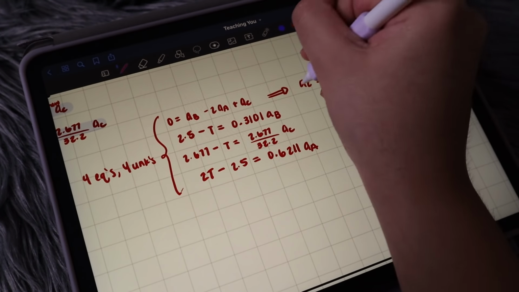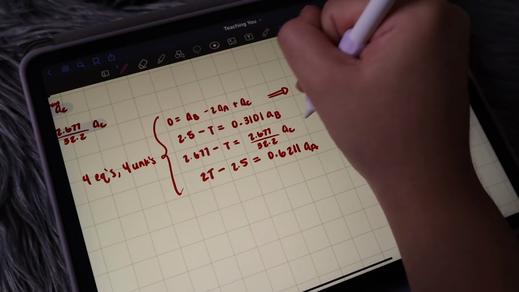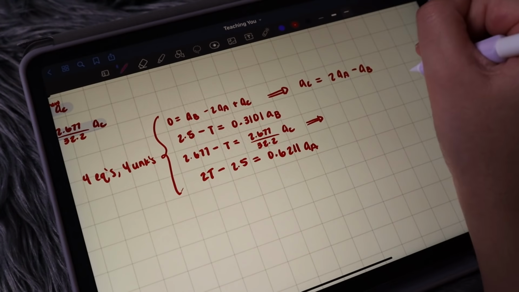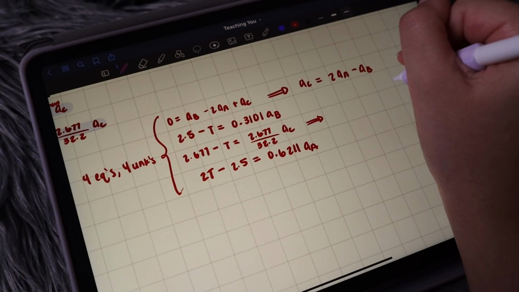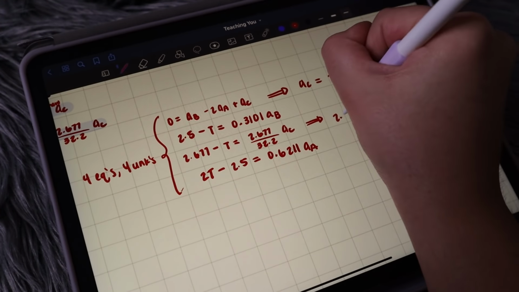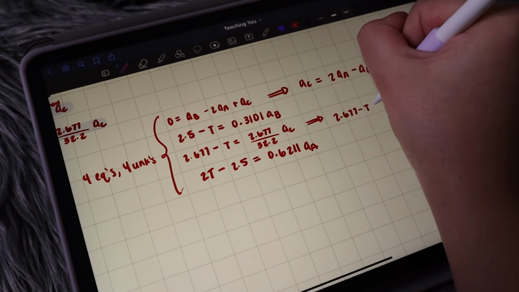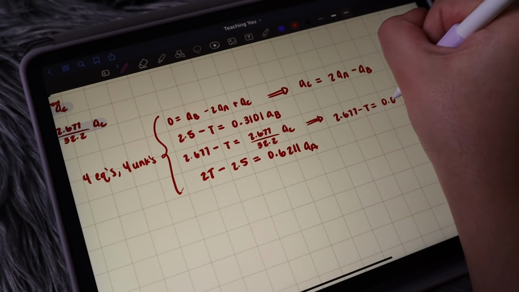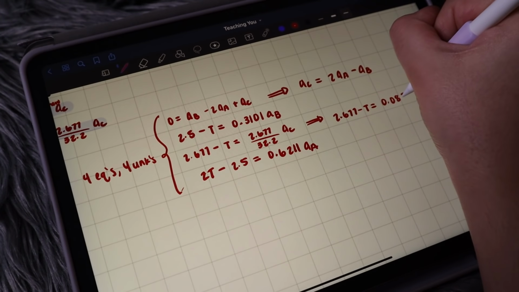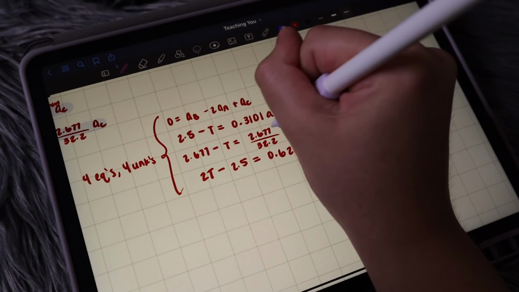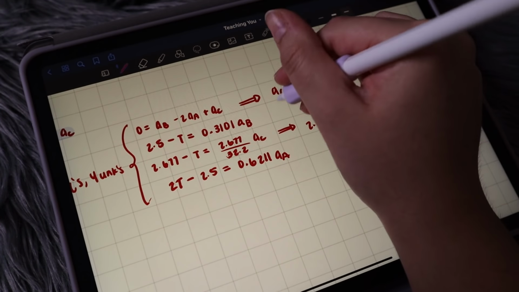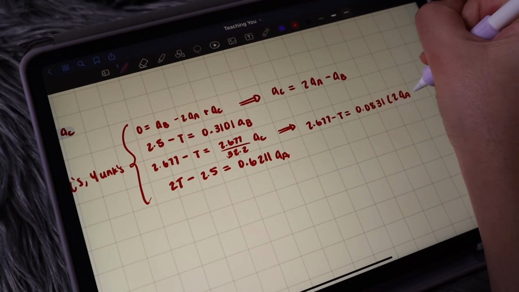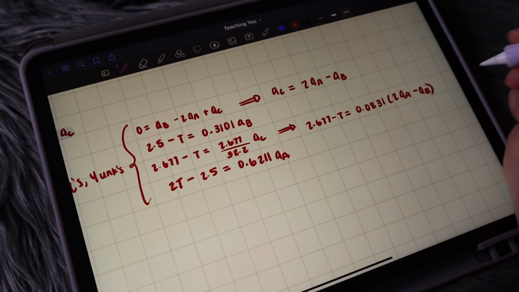So we could plug that in this one right here. So we have 2.677 minus t equals 0.0831. So that is just simplifying this little fraction right here. And then if we plug in AC, we get 2AA minus AB.